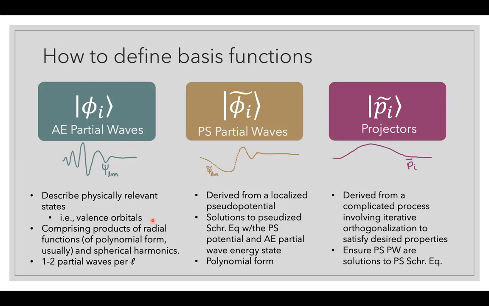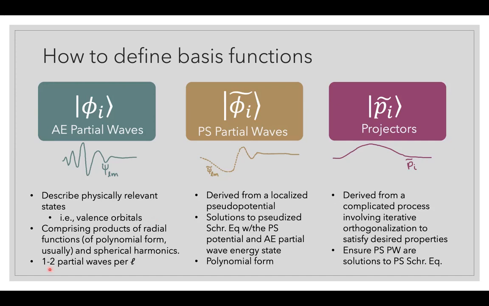And typically they're comprised of products of radial functions and spherical harmonics. And those radial functions are typically of a polynomial form. I say typically because they can be defined via other means. Really, there's a lot of freedom here in terms of how you want to define these functions, as long as they accurately represent the valence orbitals and they make your calculations less cumbersome.